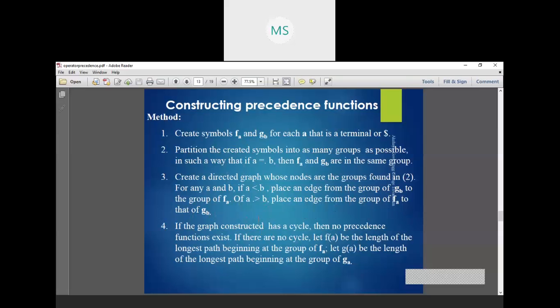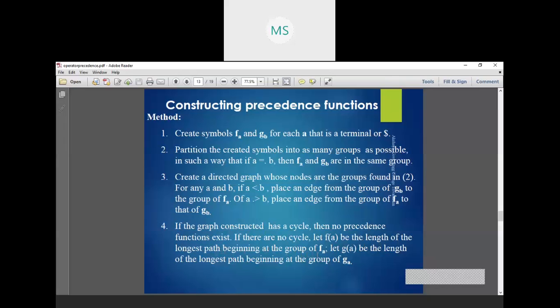Once you write all the edges, the fourth step is: if the graph constructed has a cycle, then no precedence function exists. If there is a cycle in that graph, then there is no relationship. But if there is no cycle, let f of a be the length of the longest path beginning at the group of f of a.